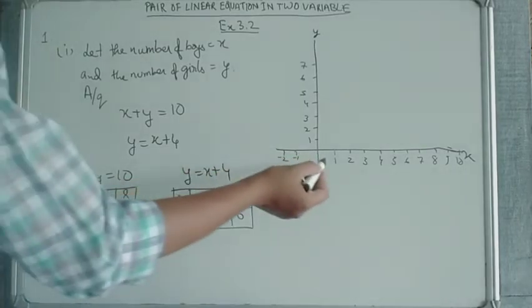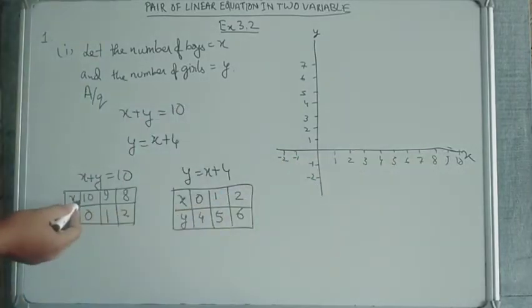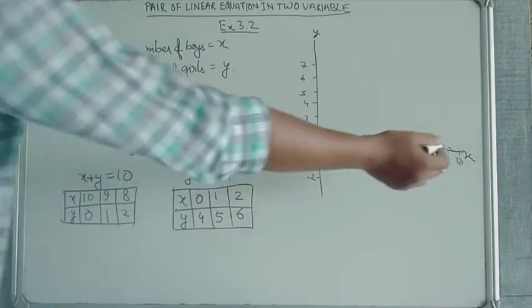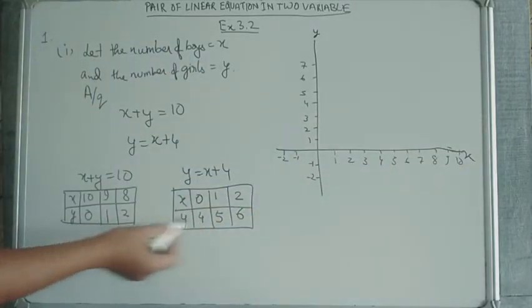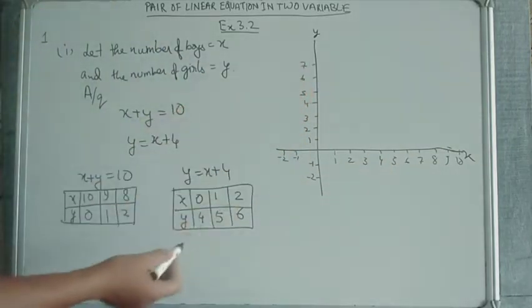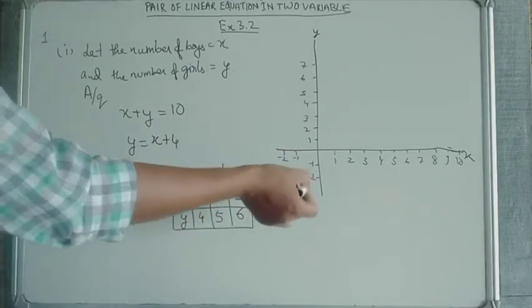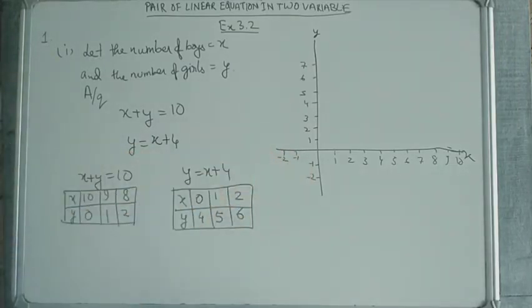We made 10 because for x we need at least 10. You can go to 10 or 11. Then for y we need till 6, so I made till 7. Negative values we don't need, we just put -1, -2 on this side and the other side.